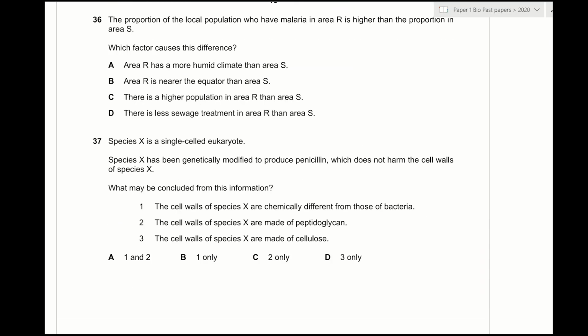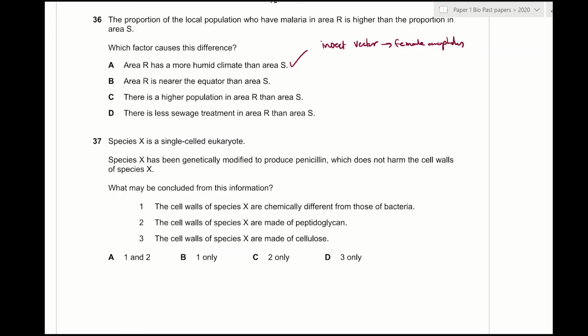36. The proportion of local population who have malaria in area R is higher than the proportion in area S. Which factor causes this difference? A. Area R has a more humid climate than area S. This is actually correct. The reason for this is the insect vector for Plasmodium, or the pathogen that's causing malaria, is female Anopheles mosquitoes.